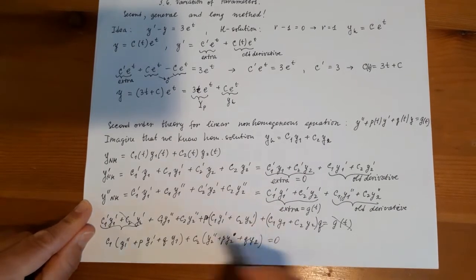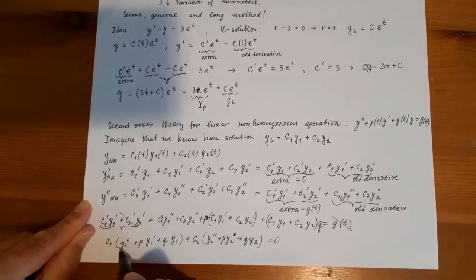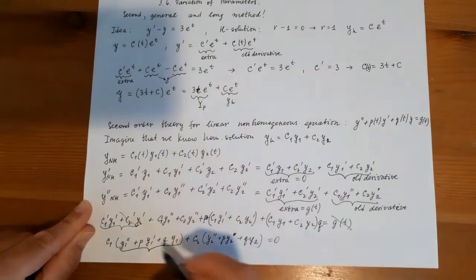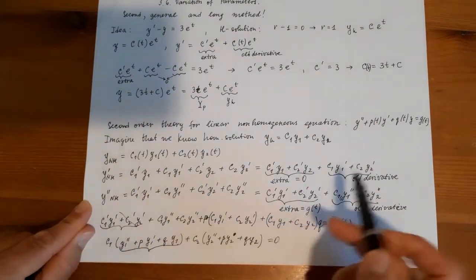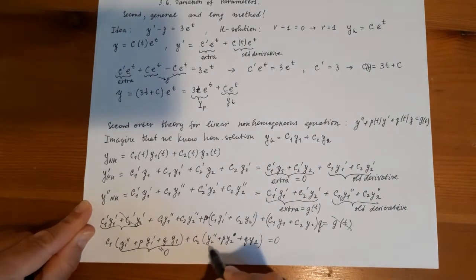Is it equal to 0? Well, here c depends on t, so c is not actually a constant, but because y1 is a solution of homogeneous equation, when we plug it into homogeneous equation, which is equal to 0, it's going to solve it. And this one is going to solve it too.